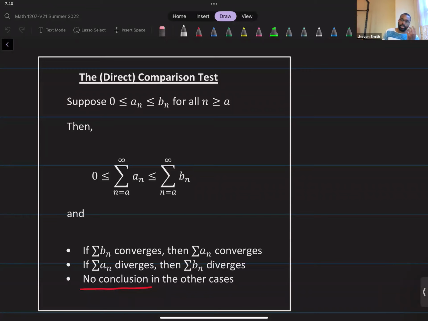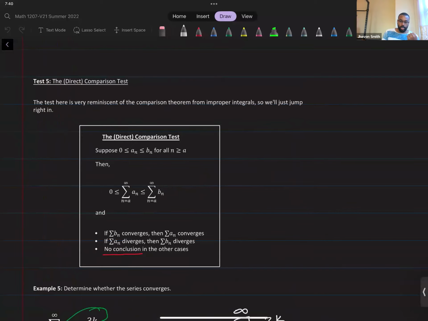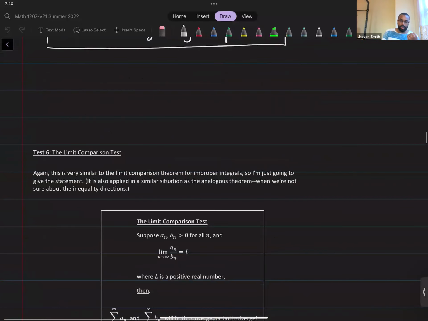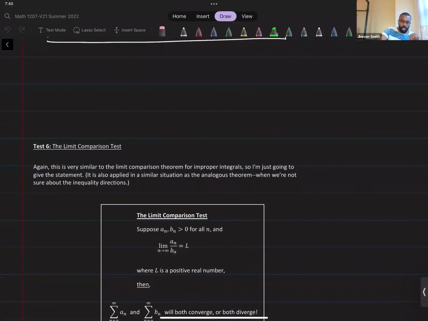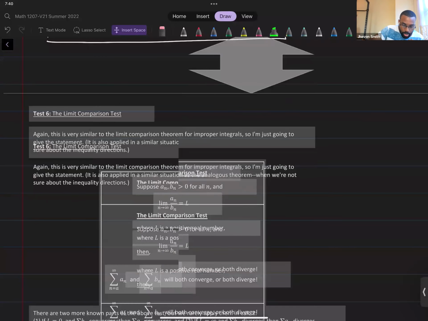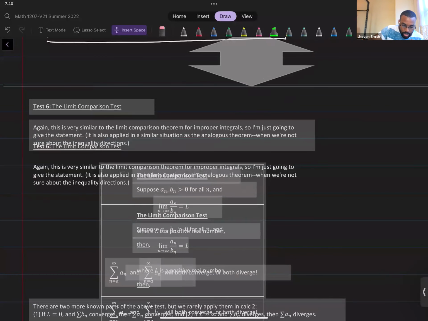So we can look at two things and compare them without knowing who's bigger, and under certain conditions, make some nice conclusions. We have the same thing for series: there is a limit comparison test for series.